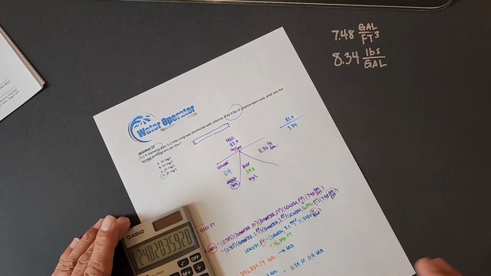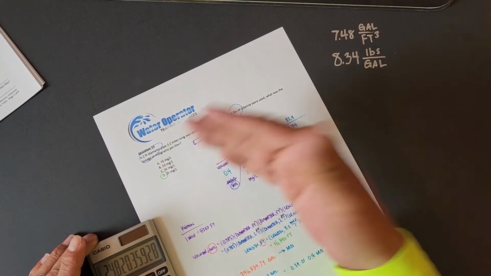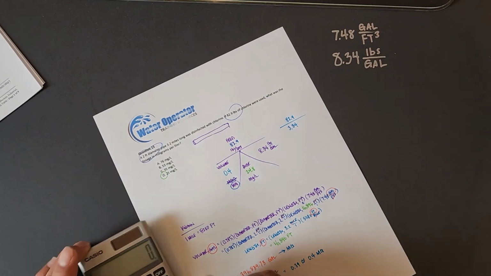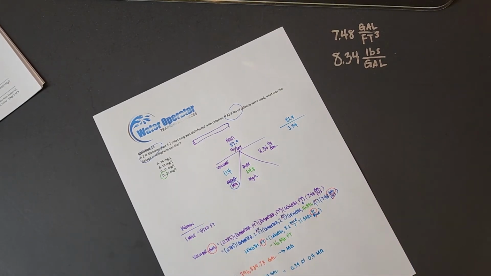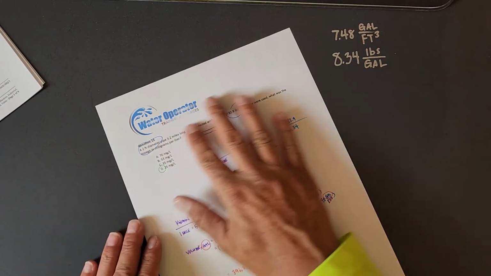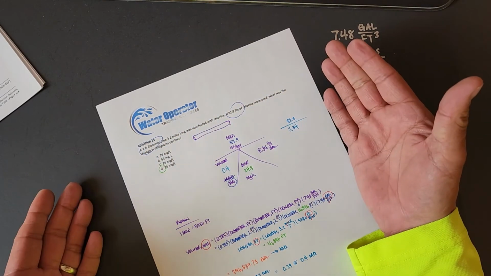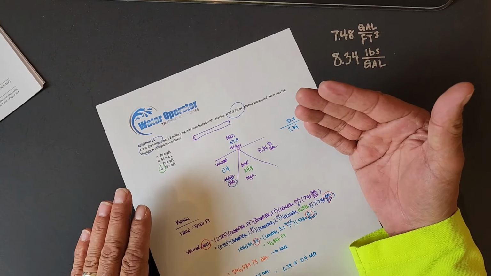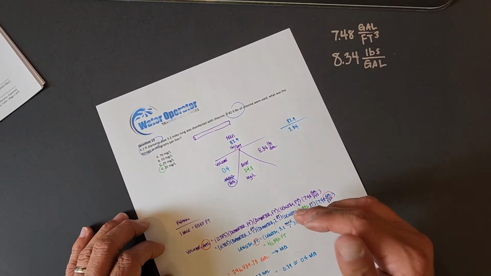It seems complicated. That's a lot of math to do to get this little answer. I understand. It seems overwhelming. It seems a little intimidating. But all the information you need is right there. The key is units of measure.